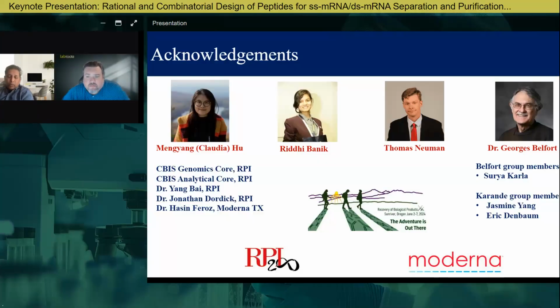Certainly, and I think I alluded to this in my conclusion slides. At the end of the day, you get what you screen for, and I think the message here, if I may underscore, is that by crafting the right search process, and by that I mean the way we conducted the phage screening, the way we use the combination of combinatorial and rational design approaches, we've successfully used them in the past on other protein-based targets, proteins of all kinds of flavors.